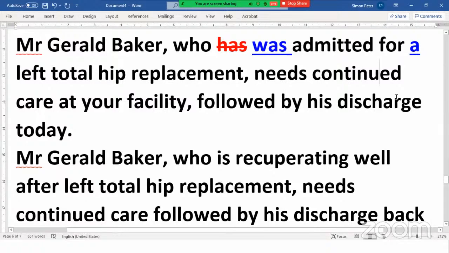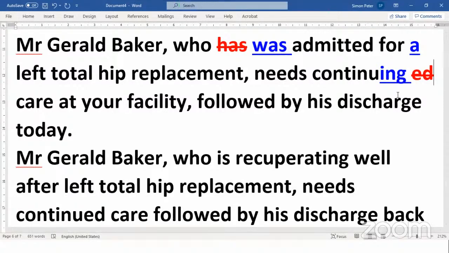Most of the places I have seen continuing instead of continued. That is what they say, instead of continued, you use continuing. Needs continuing care at your facility, followed by his discharge.